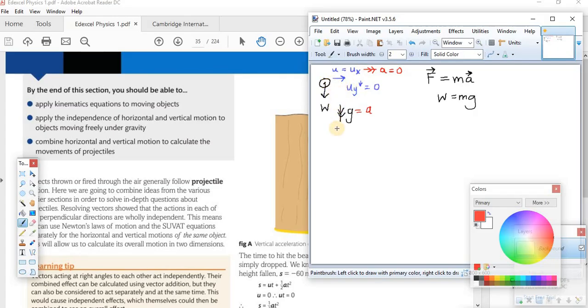And for any projectile, the acceleration vertically downwards is the acceleration due to free fall. Not only in the initial state, throughout its motion it doesn't have an acceleration in the horizontal direction, because there is no force in the horizontal direction.